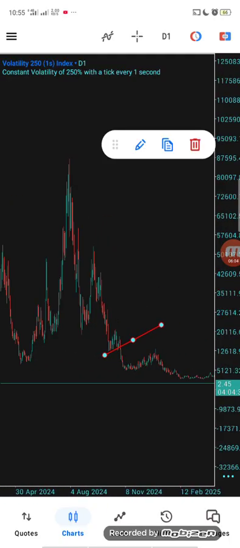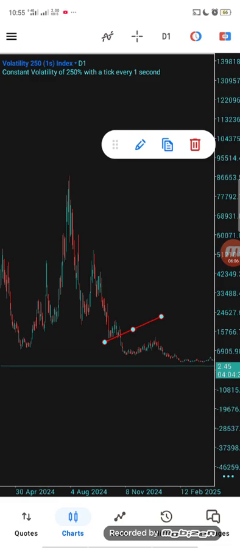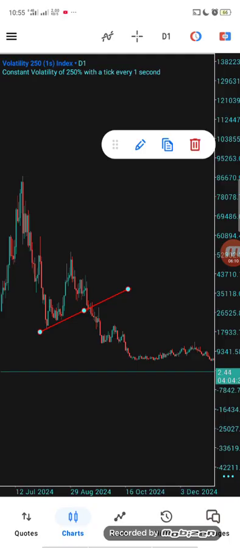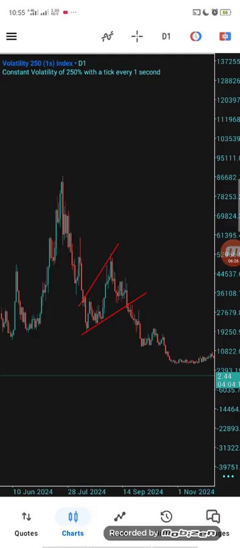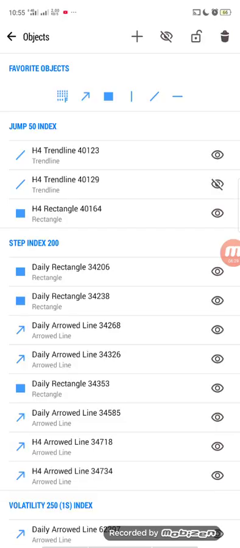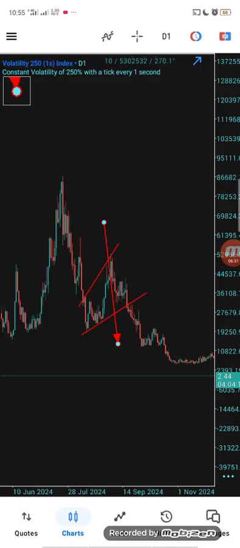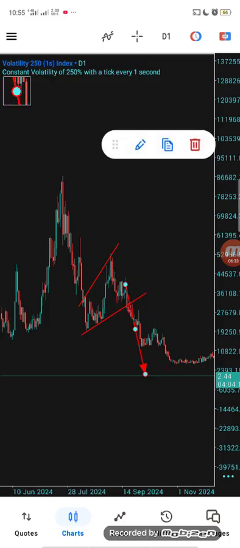Starting up here, we had a pattern made like this. It was a rising wedge, and a rising wedge usually breaks to the downside.